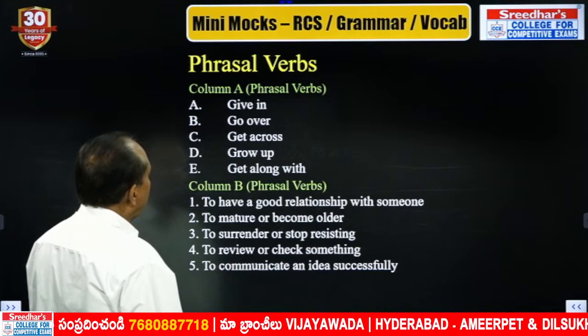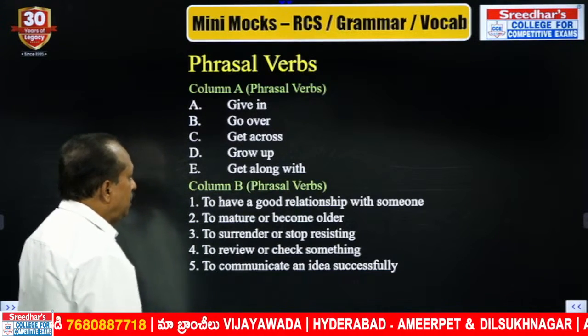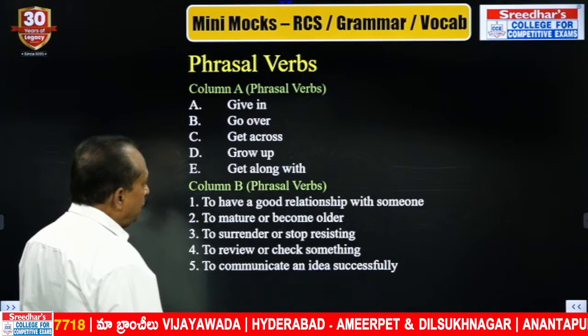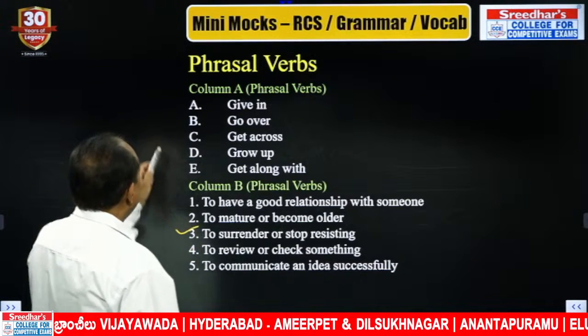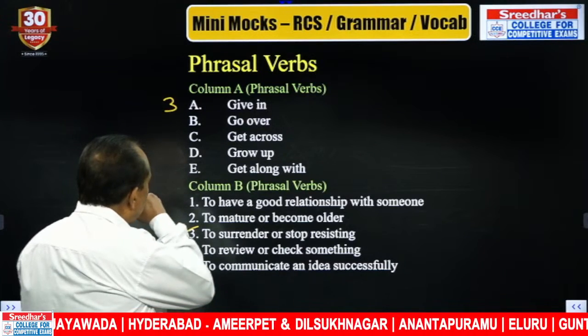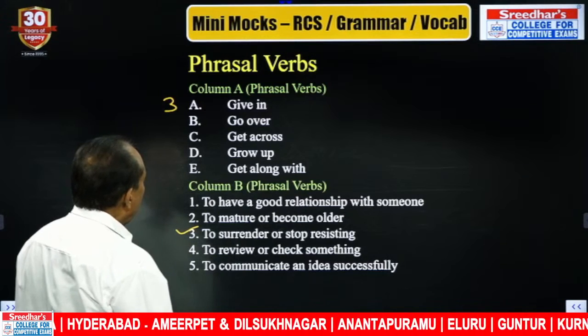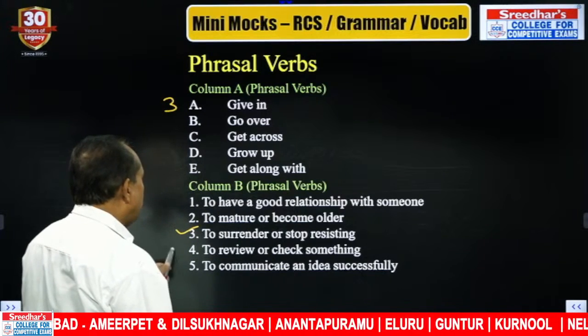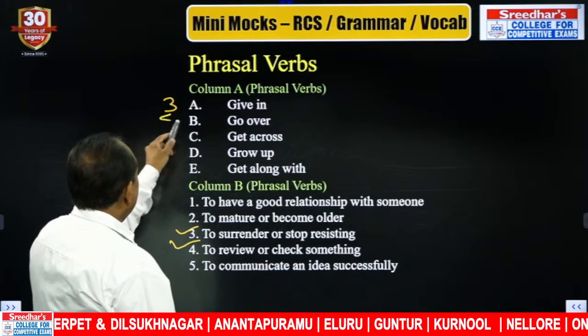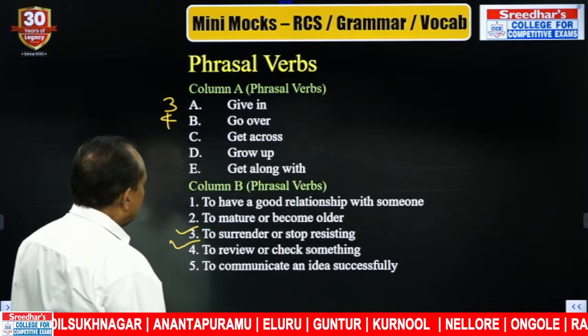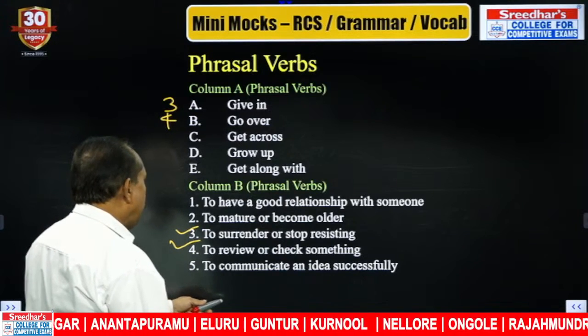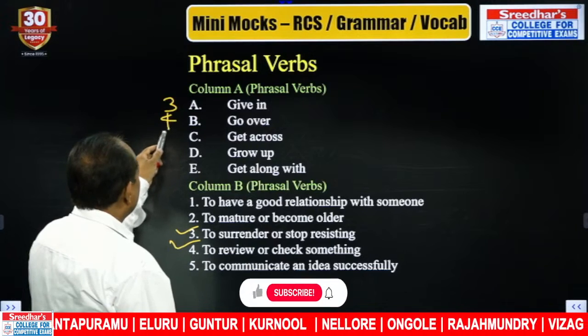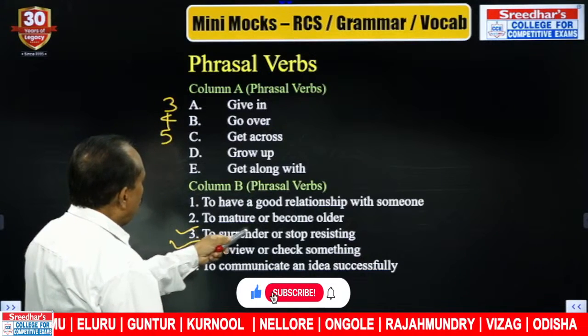We have 5 phrasal verbs, important. Give in, we have got many a time, means what? To surrender. Go over, to review or check something. Get across, to communicate an idea successfully. Grow up, to mature or become older.